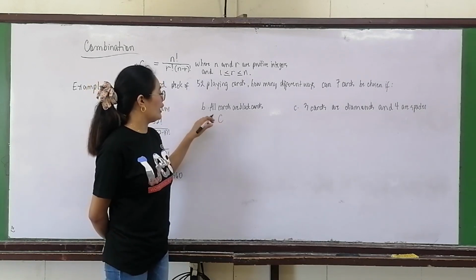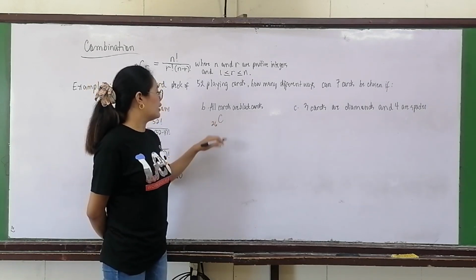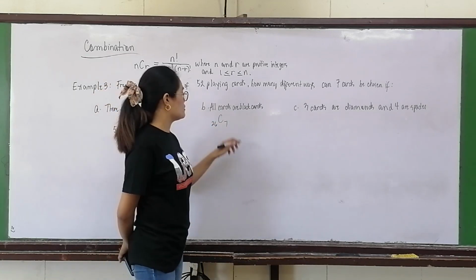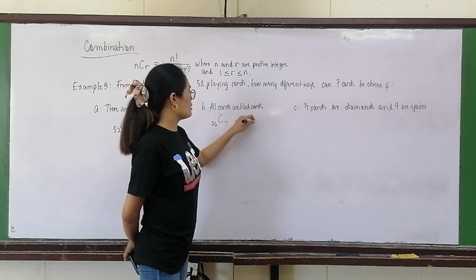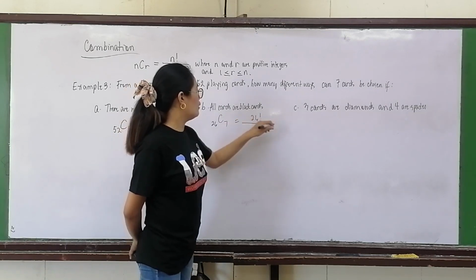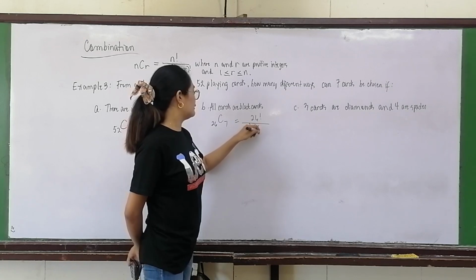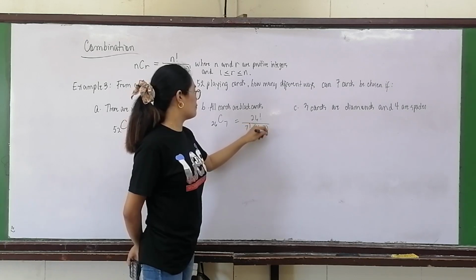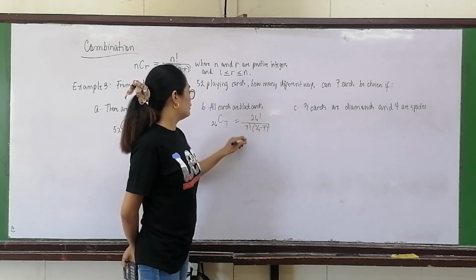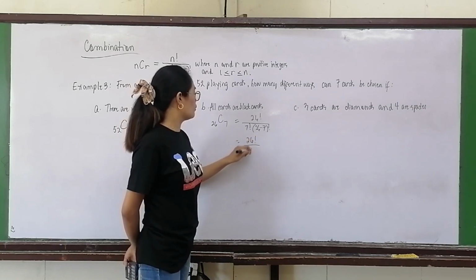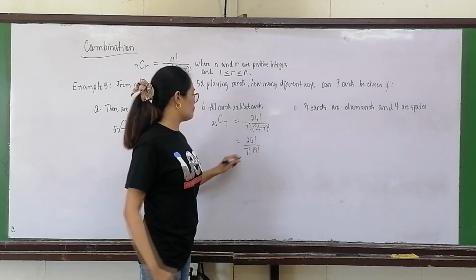So our N is 26, and we are to choose 7 cards out of the 26 cards, giving us 26 factorial over 7 factorial times 26 minus 7 factorial. We have 26 factorial over 7 factorial times 19 factorial.